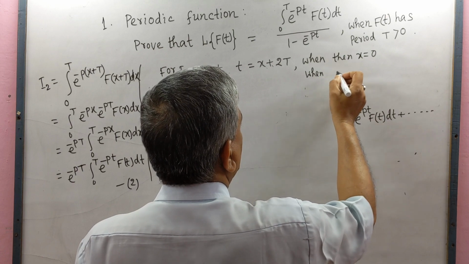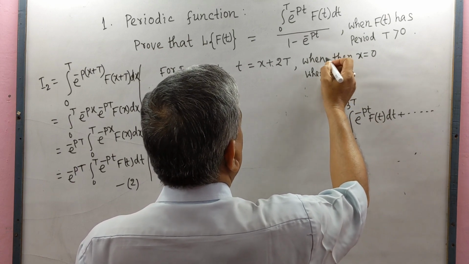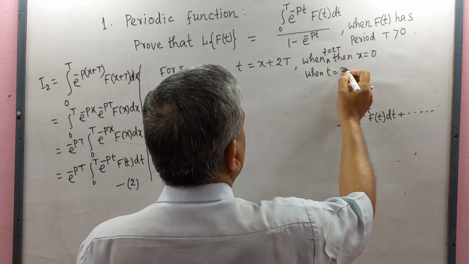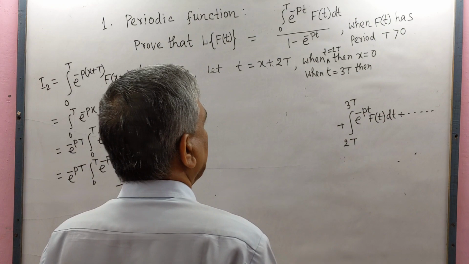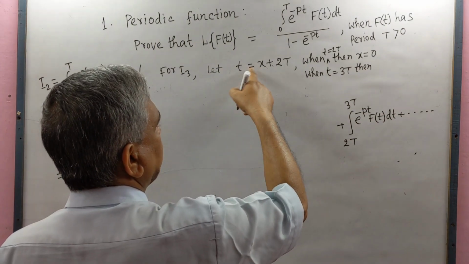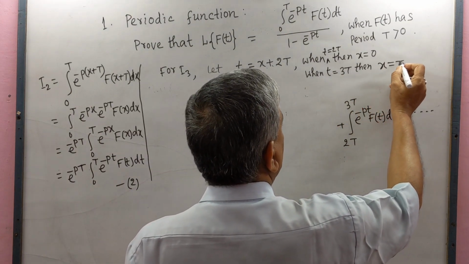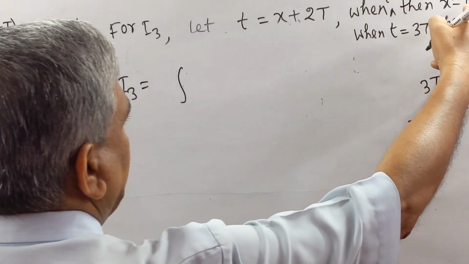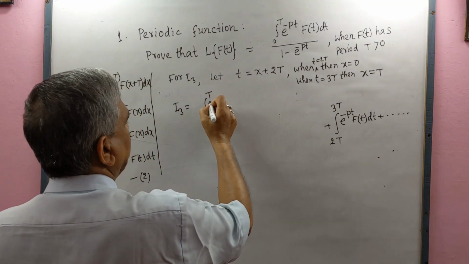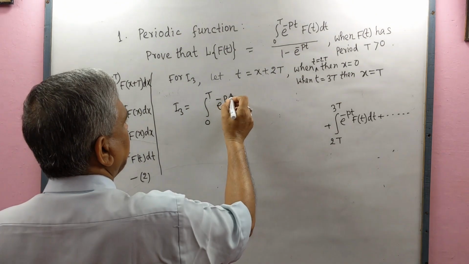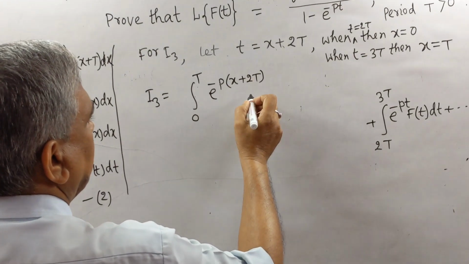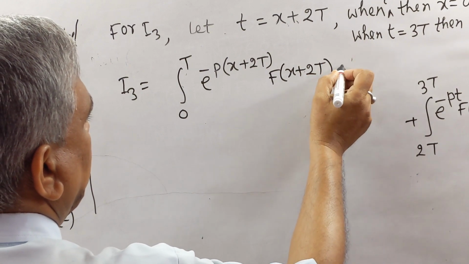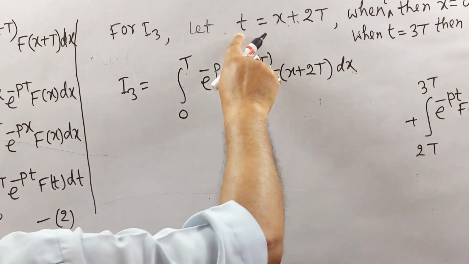When t equals 3T, then x equals T. So I3 equals, the value of x is 0 to T, of e to the power minus p(x plus 2T) f(x plus 2T) dx, where dt equals dx.